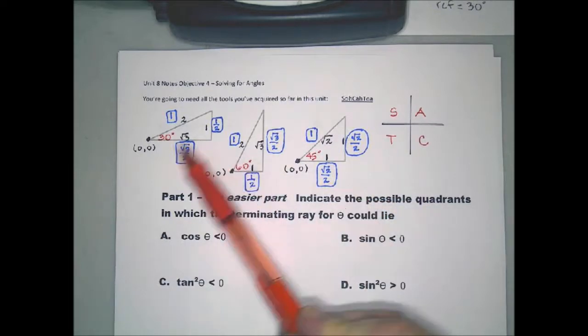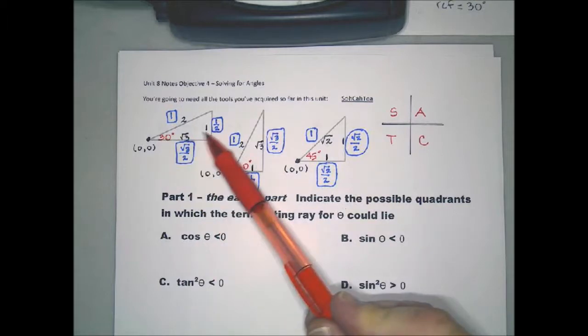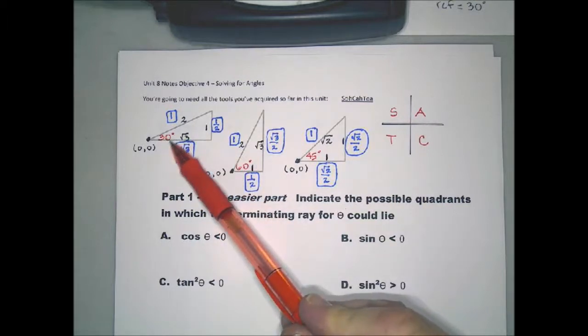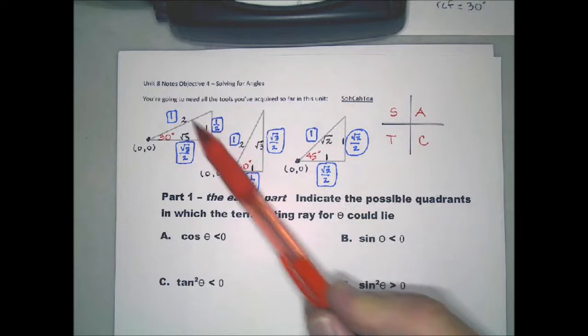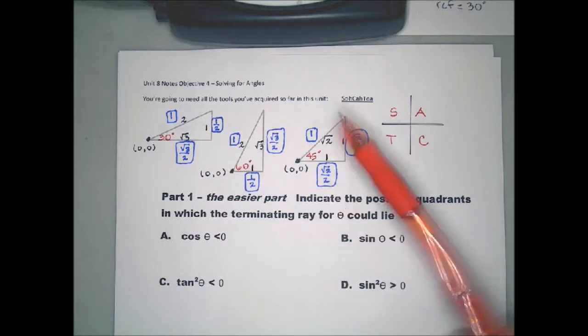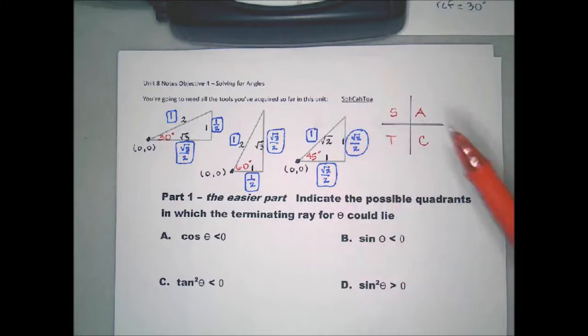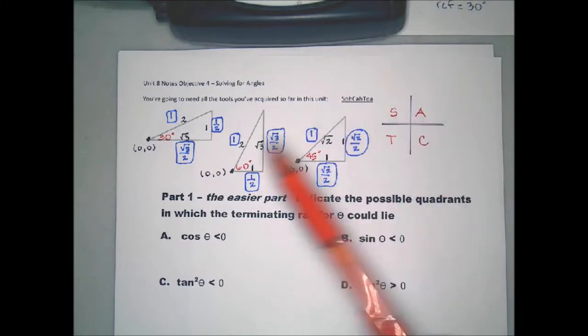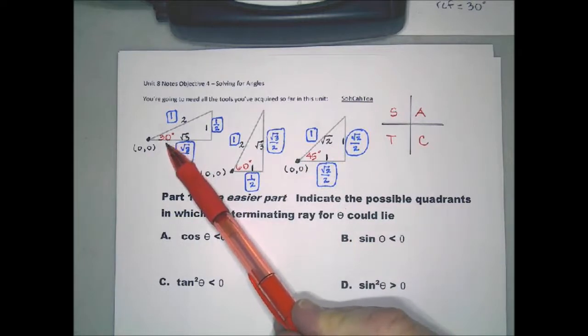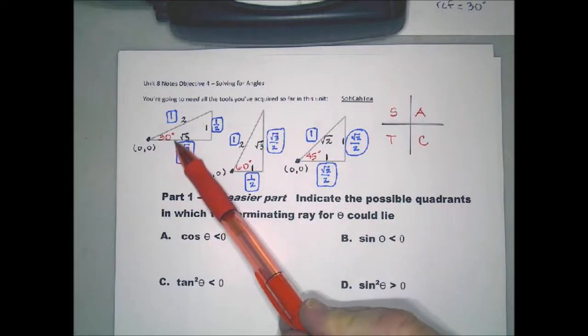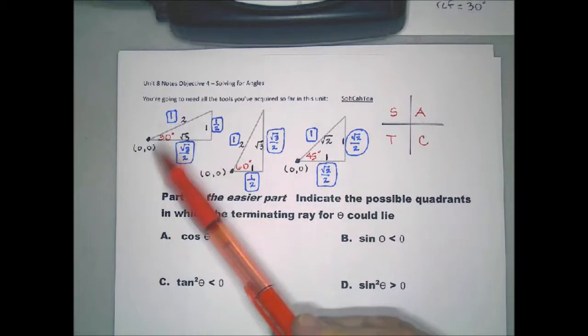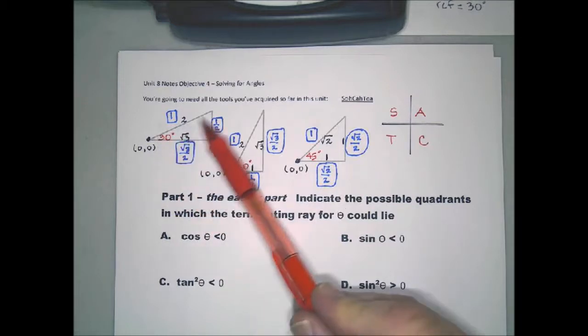In the black numbers would be the regular 30, 60, 90 rules, 1, 2, and square root 3. And the 45-degree triangle would have 1, 1, and square root 2. Those are the black numbers. But the blue numbers would be, what if this triangle had been placed in the unit circle? Because we know in the unit circle, the radius is 1.